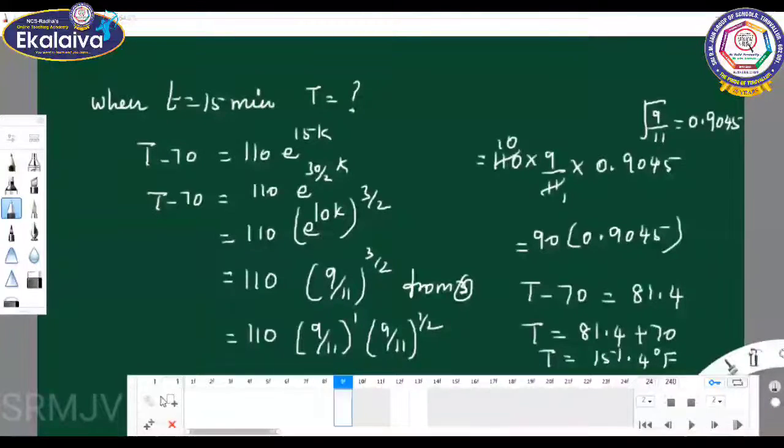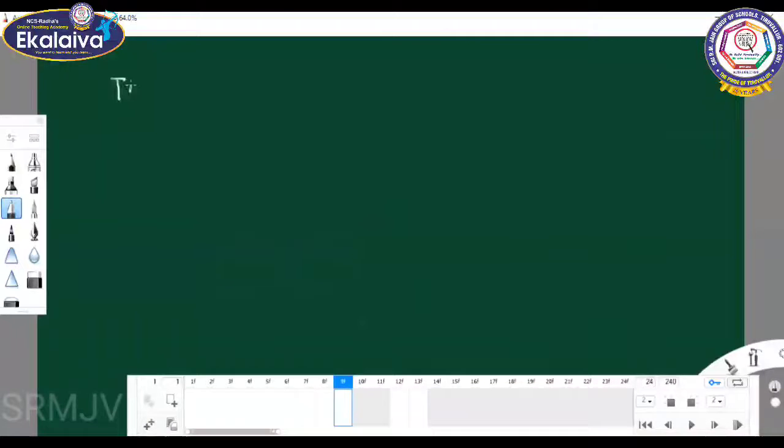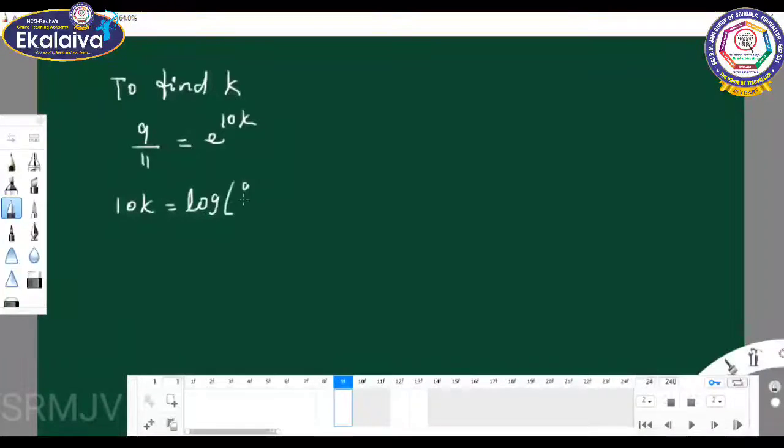You should find out the value of k first. To find the value of k, from equation 3 you can take 9 by 11 equal to e power 10k. Apply log on both the sides. 10k equal to log of 9 by 11.